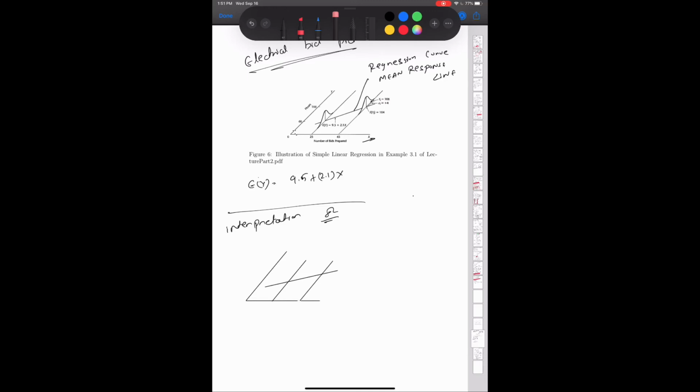Let me erase this a little bit. So this is my x-axis, this is my y-axis, this is the expectation of y given x.